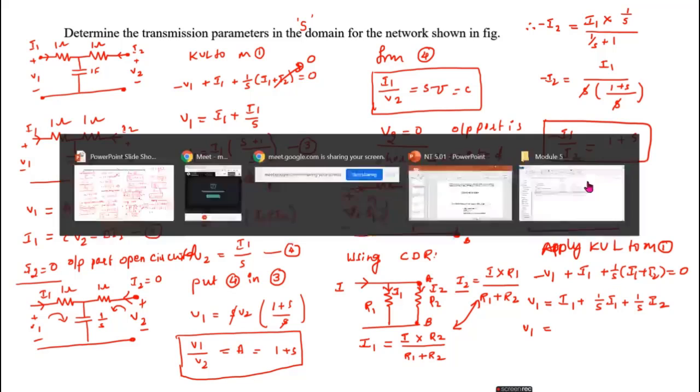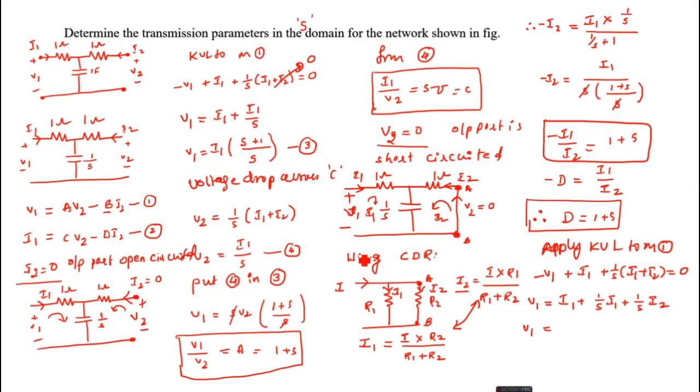what is I1? I1 is nothing but minus of I2 into 1 plus S, plus I2 divided by S. Do simplify this.